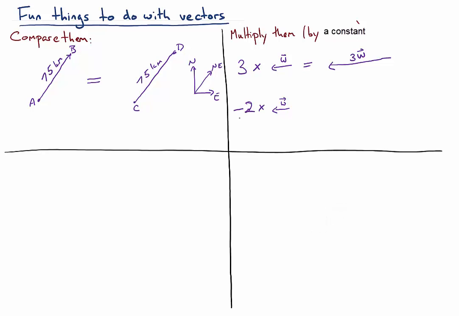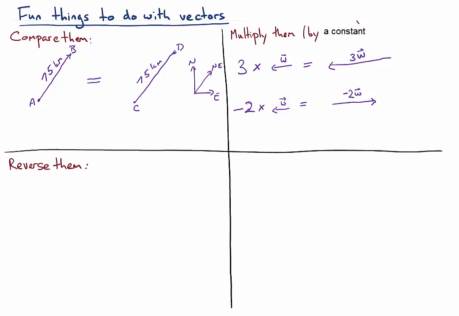So what I'm doing is putting a negative in front of it to change its direction, and multiplying it by 2, so I'm going faster. And what that looks like is simply the vector going in the other direction twice as big. So there you go, there's minus 2 times the vector W. And again, the size of it is twice as big as the original W, and it's pointing in the opposite direction.